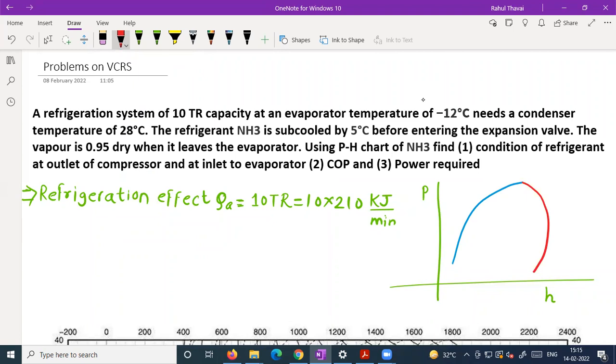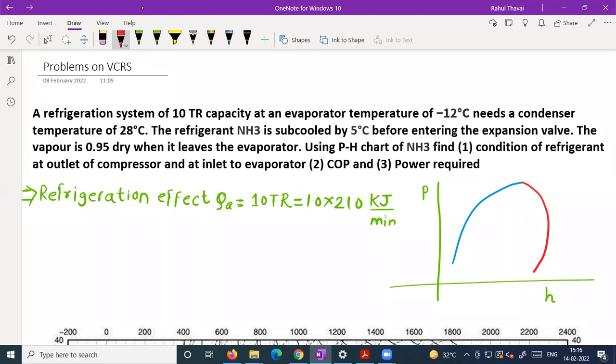So you can see a refrigeration system of 10 TR capacity at an evaporator temperature of -12 degrees Celsius. Whatever the lowest temperature is, it's the evaporator temperature.